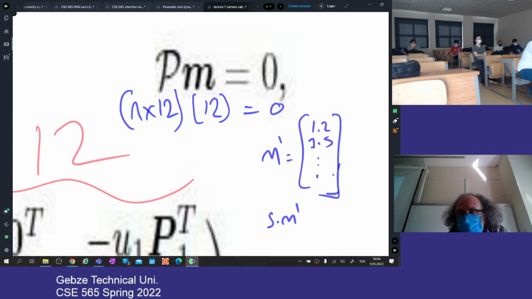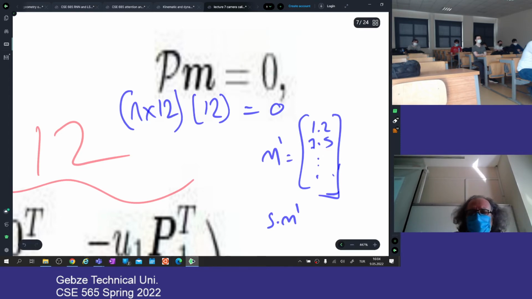Answer is yes. Why? If m prime is a solution to this problem, then 5 times m prime, or k times m prime, is another solution too.